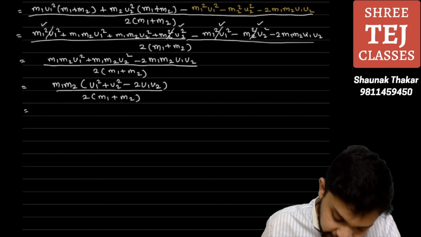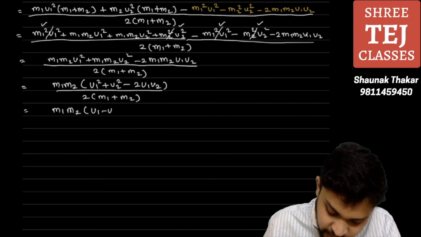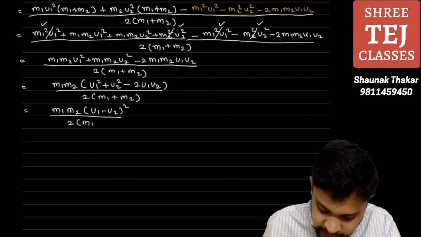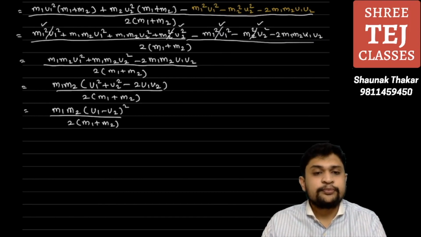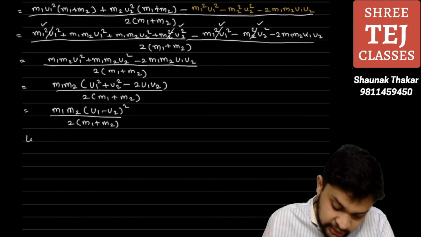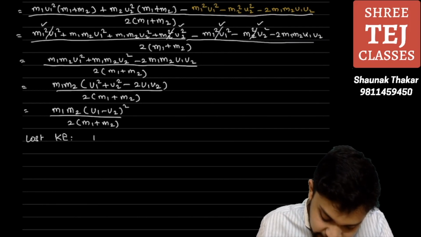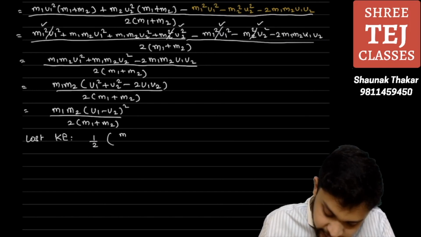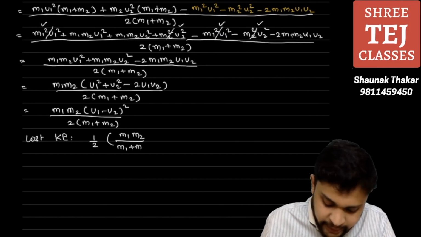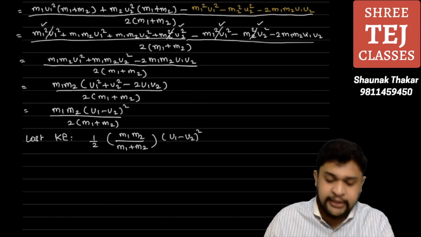So this will be m1 m2 into u1 minus u2 bracket square upon 2 m1 plus m2. Okay, so lost kinetic energy will be 1 by 2 m1 m2 upon m1 plus m2 into u1 minus u2 bracket square.